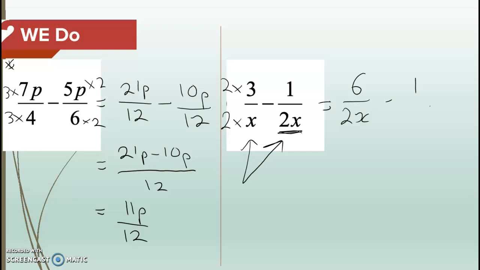And then it means that I can simply combine the two. They're the same denominator, so I can just subtract the top, 6 minus 1, all over 2x, which is just 5 over 2x. And again, I can't cancel there.